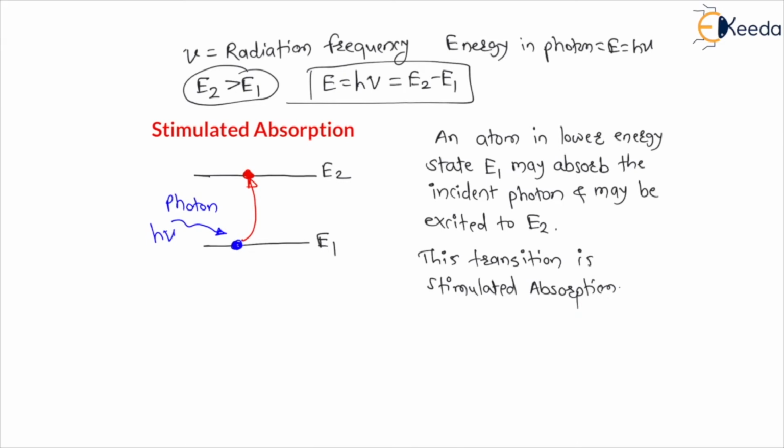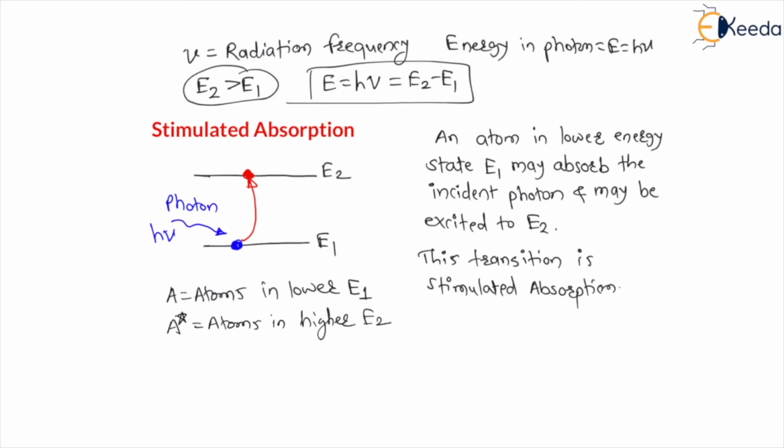Now let us say capital A is the atoms in the lower energy state, that is at E1, and let A star be the atoms in the higher energy state, that is E2.